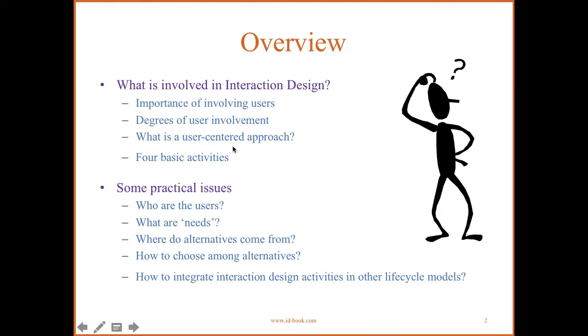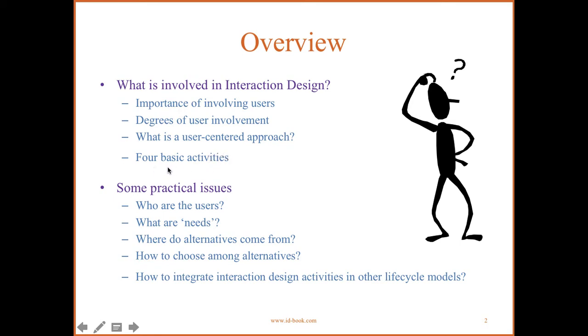And what is the user-centered approach? For your final project, I would suggest you go for user-centered design and usability evaluation. This chapter will give you in-depth information about how you're going to conduct user-centered design.